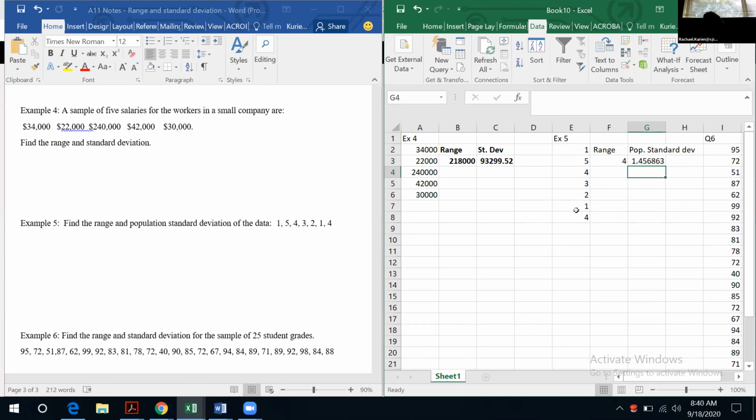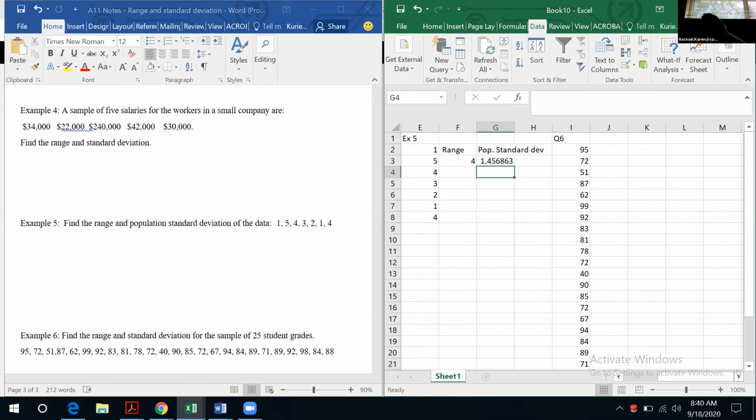All right. Last one is number 6, and we want to find the range and standard deviation for a sample of 25 student grades. So let's find the range first. Again, it's max.